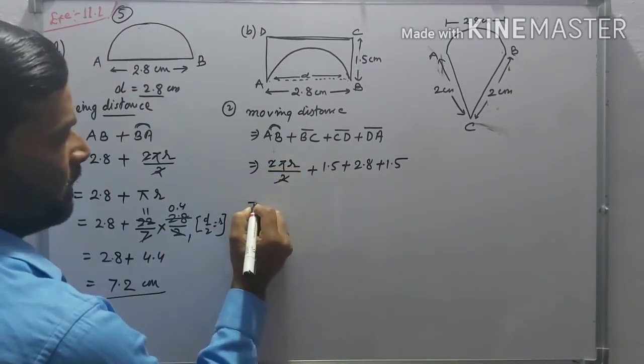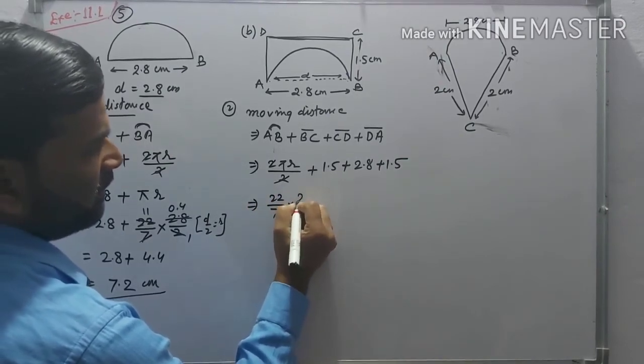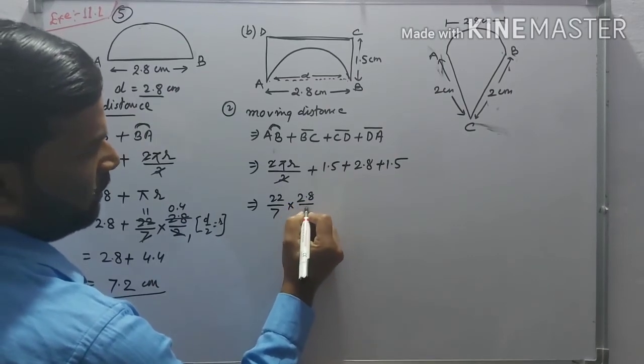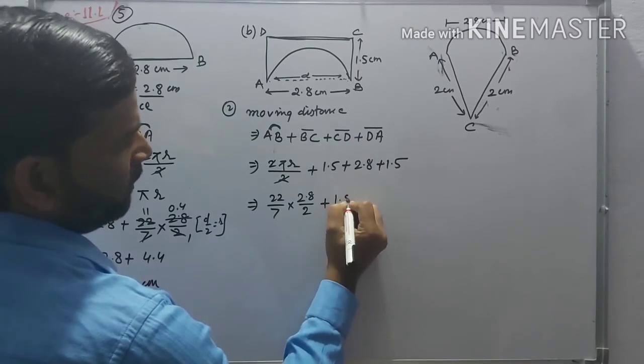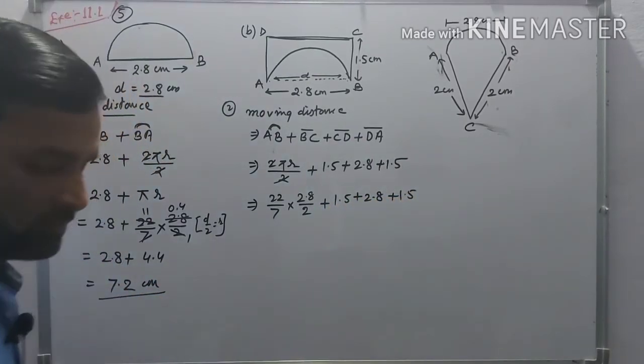Write the value 22 upon 7, with radius 2.8 upon 2, plus 1.5 plus 2.8 plus 1.5.